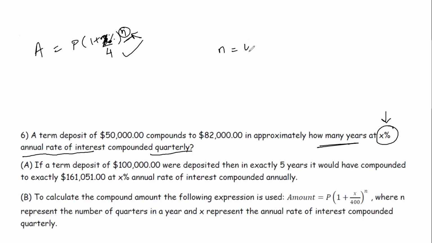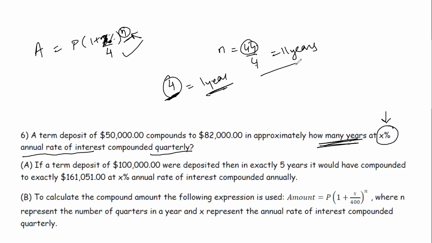Suppose N was 44, then we divide N by 4, because it is compounded 44 times. If it was compounded 4 times, then it is 1 year, because there are 4 quarters. 4 times in a year it is compounded. That means 1 year happens. They're asking how many years. So if it's 44, then 44 by 4 gives me 11 years.